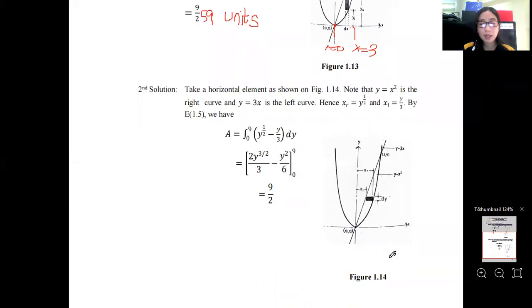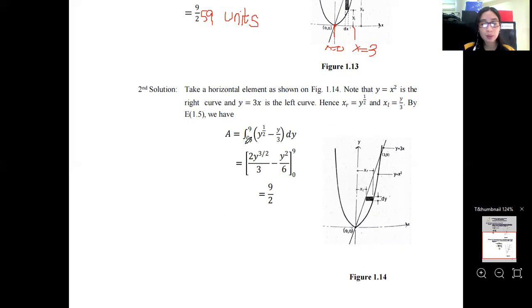Note that y is equal to x squared is the right curve and y is equal to 3x is the left curve. Hence, x sub r is equal to y to the power of 1/2, or square root of y, and x sub l is y over 3, by equation 1.5, the equation shown earlier.